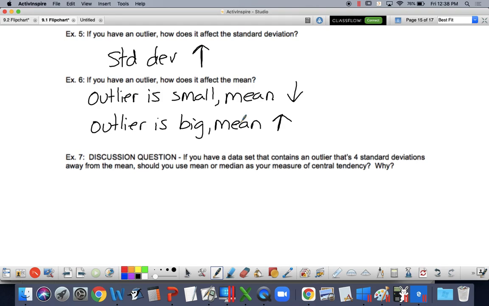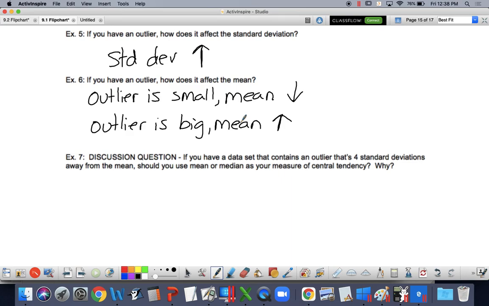So we know it's a big one, right? We know it's definitely an outlier. Would you use mean or median as your measure of central tendency? Matthew?